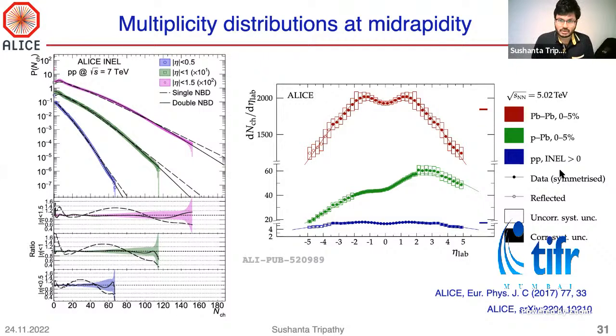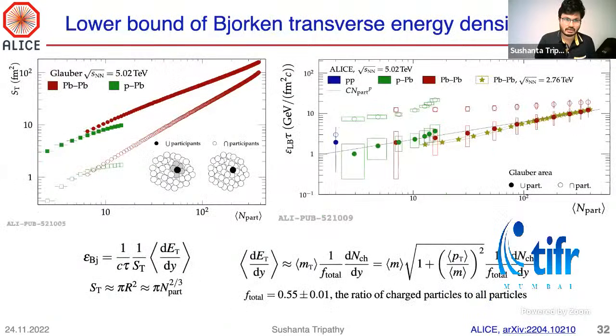Okay, so then let us come to the estimation of Bjorken transverse energy density. Thanks to this multiplicity distribution and the estimation of transverse energy density, we can obtain the transverse overlap area as a function of average N_part.